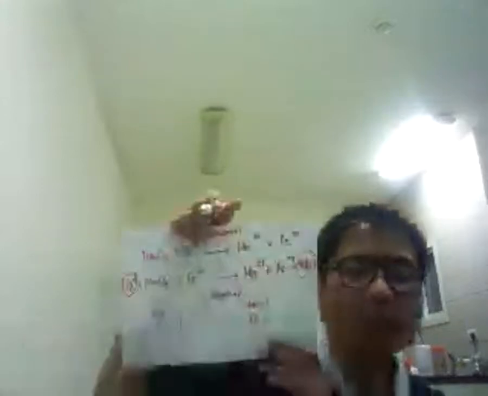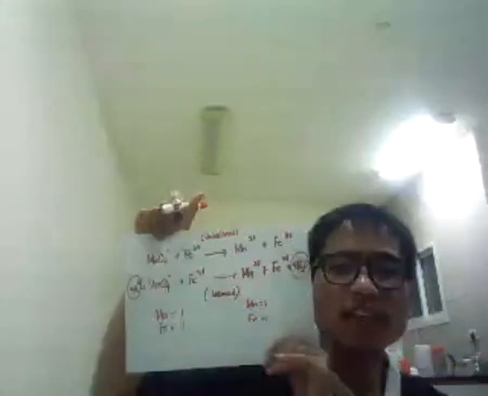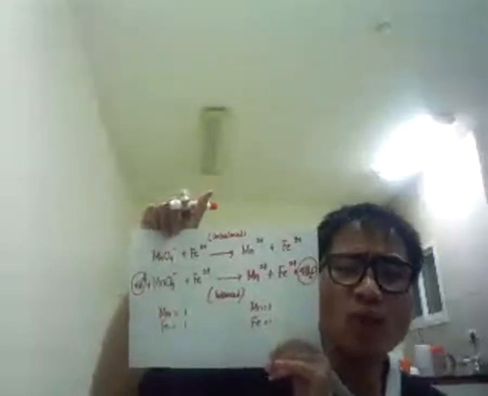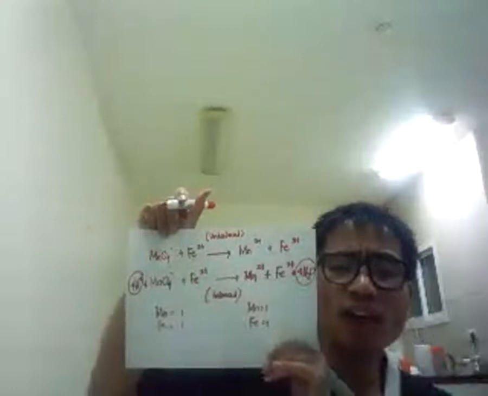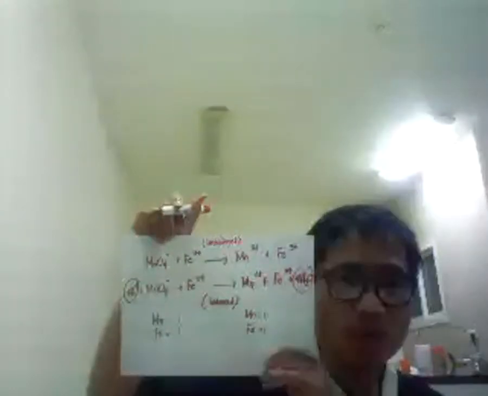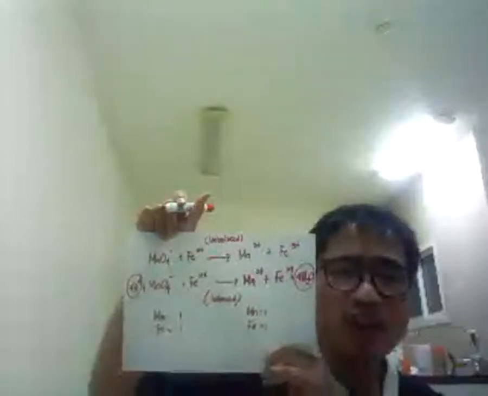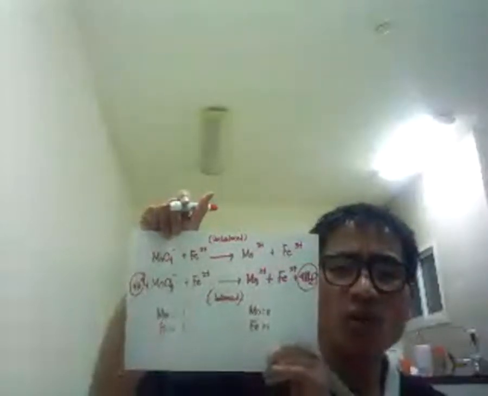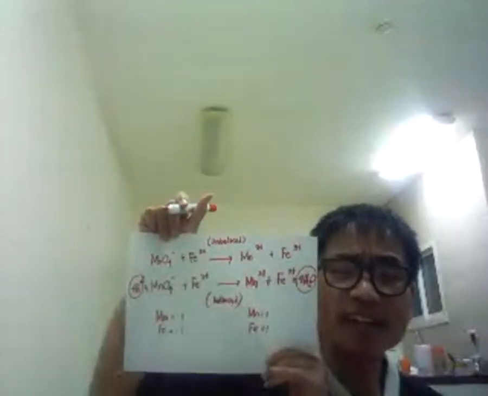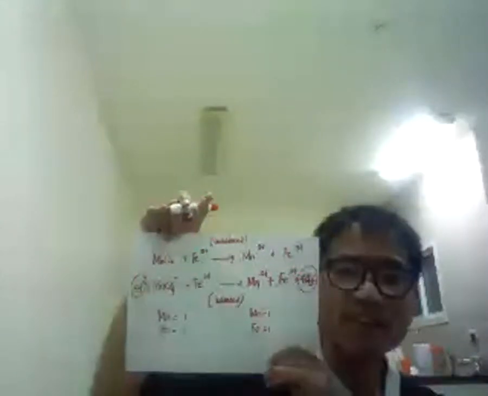See, one iron on the right side and one iron on the left side. Because there's no number beside the iron, there's no coefficient, and there's no subscript with the iron on the left and right. And manganese also, there's no coefficient beside manganese in the reactant and in the product, and there's no subscript in the manganese down below.